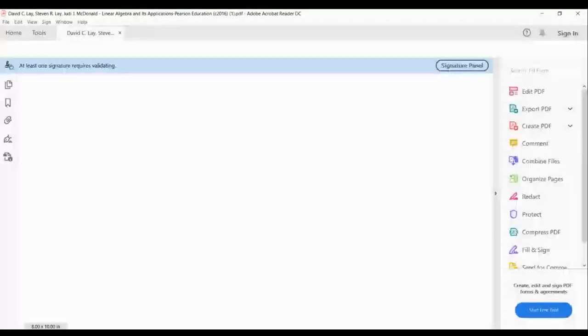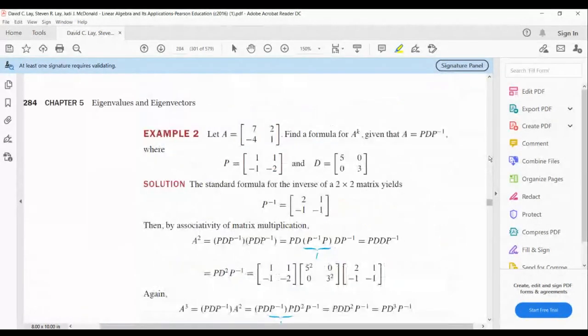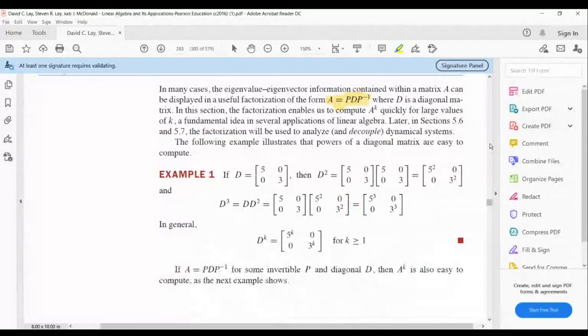So on that note, let's go into the book a little bit more. You might wonder, why is diagonalization helpful? Well, first of all, in example 1, they talk about a matrix D. Let's say D is a diagonal matrix with the entries 5, 3.